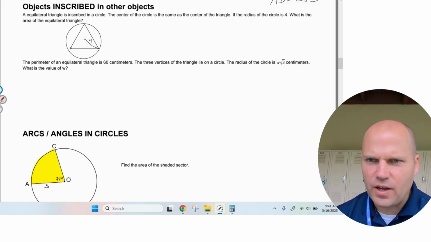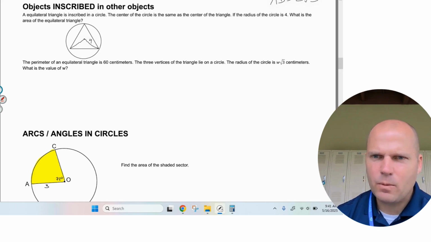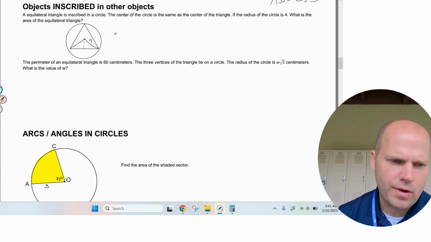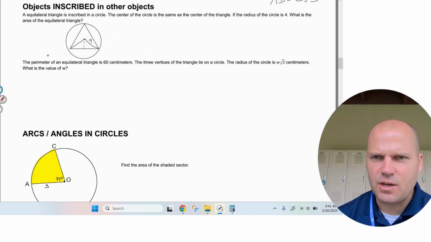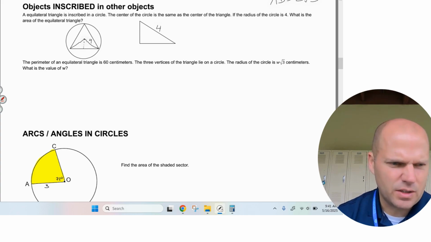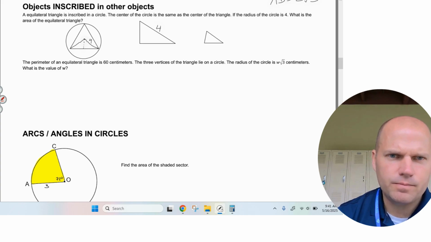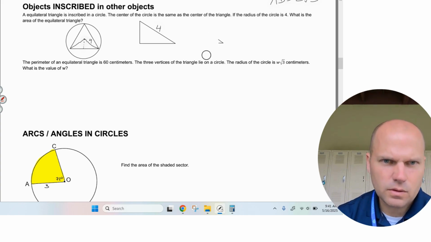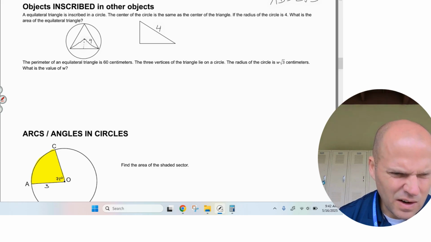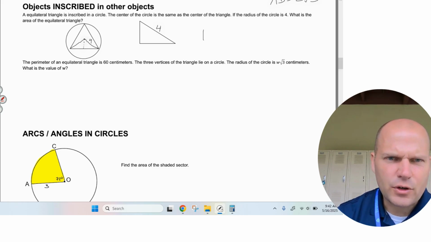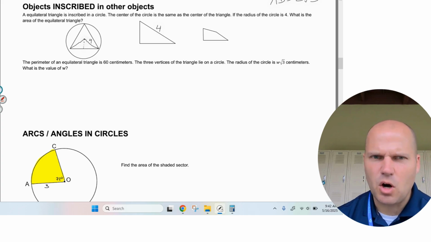Well, this is kind of like what we did back in the day with polygons, where we split them up into smaller triangles. Since it's an equilateral triangle, we have a bunch of 30, 60, 90 triangles, where if this is 4, that would correspond to a 30, 60, 90 triangle where it's small, medium, large.